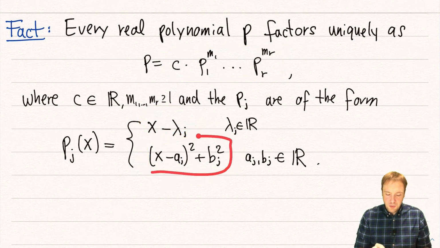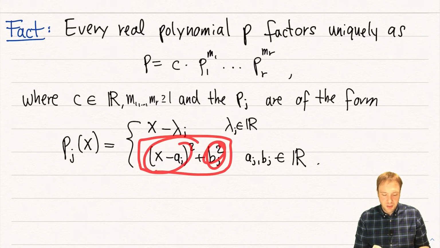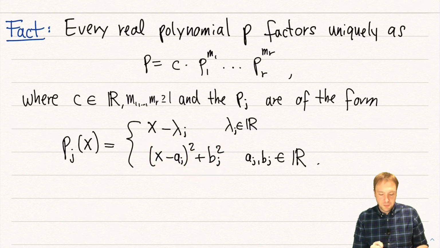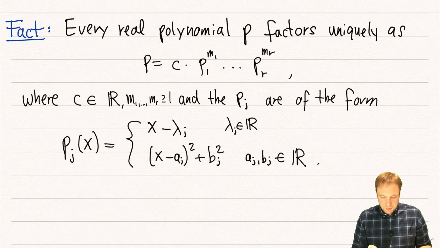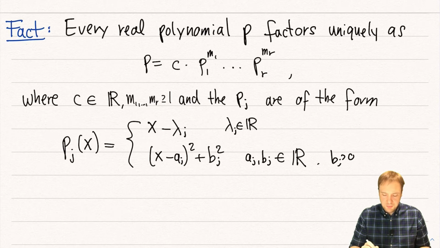Here, this polynomial has no real zeros, because we see that this is positive and this is positive. So no matter what real number I choose for x, this is not 0 if b is not 0. And here this b is greater than 0.